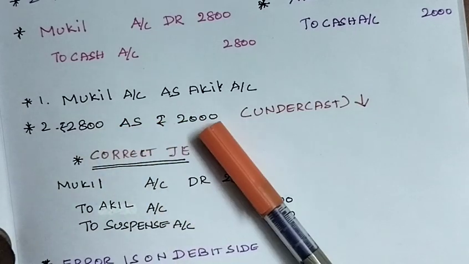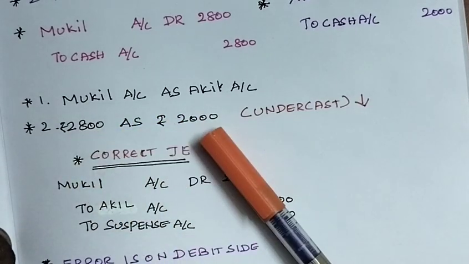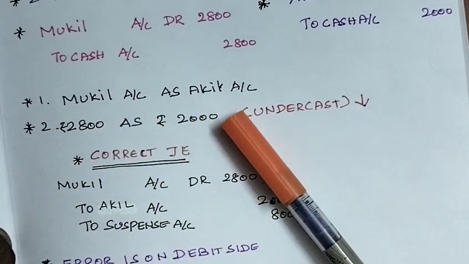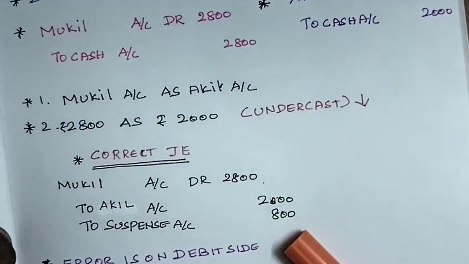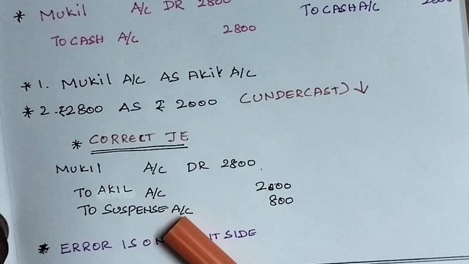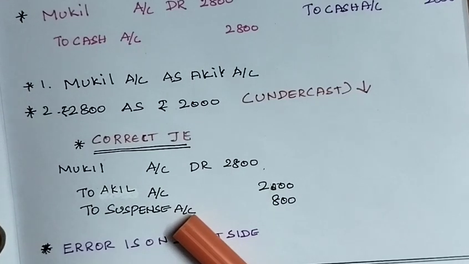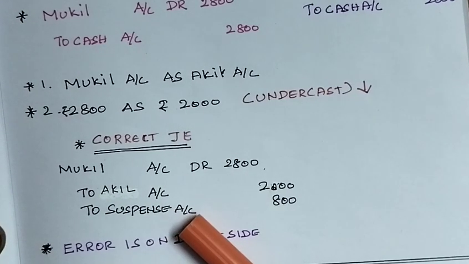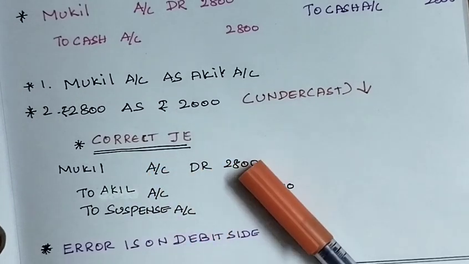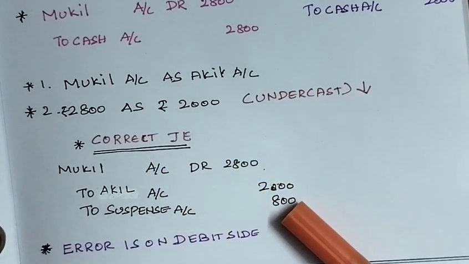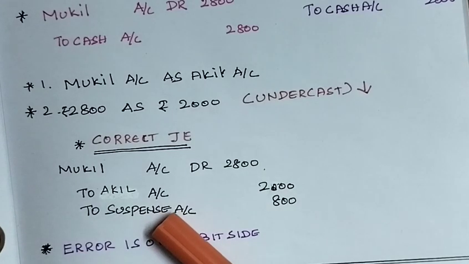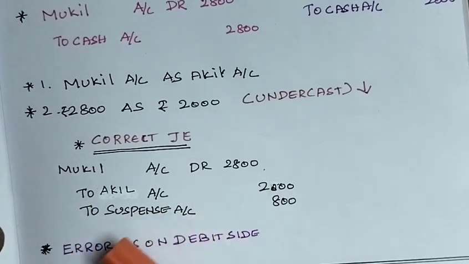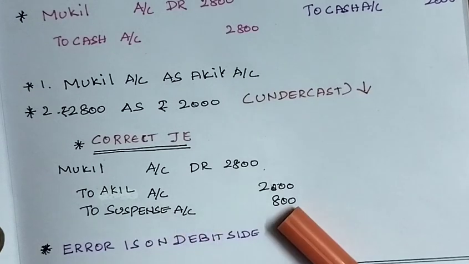Instead of 2800, they entered 2000. So we subtract 2000 from 2800 and we get 800. We create the suspense account on the credit side, because debit is always equal to credit. For the shortage of 800, we create the suspense account to tally the trial balance on the credit side. So to suspense account 800 rupees.